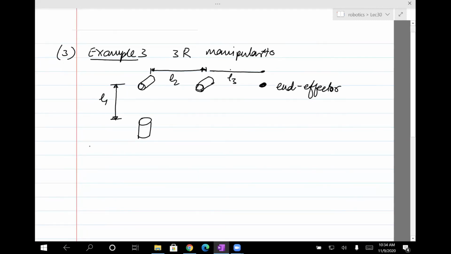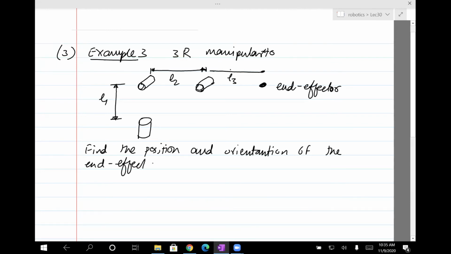So the question is, find the position and orientation of the end effector like usual.